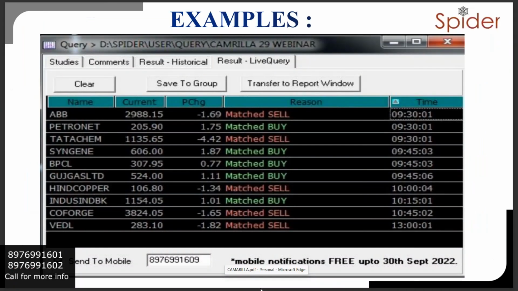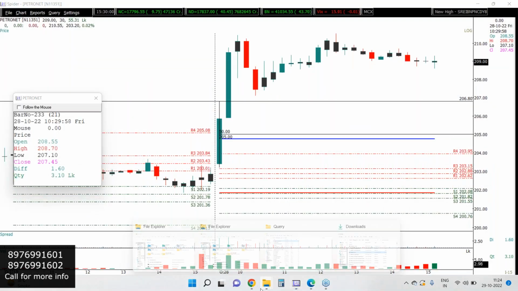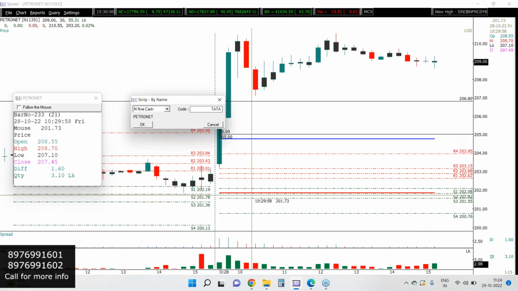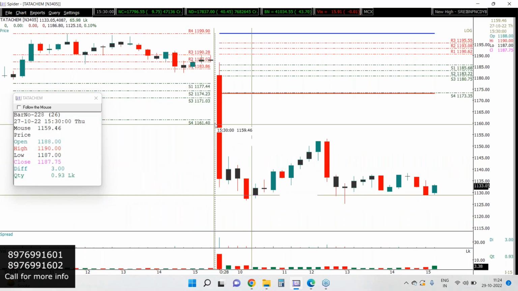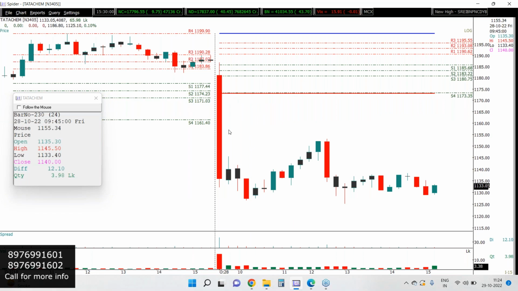Then again, I'm getting Tata Chemical. Okay, so I'm checking. You can see this is a very, very long candle, because you can see your level is here. Whether you go long or short, it's better if you're getting near that area, but this is too long.